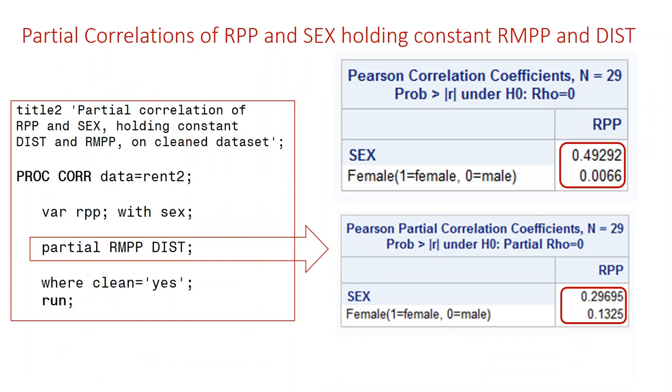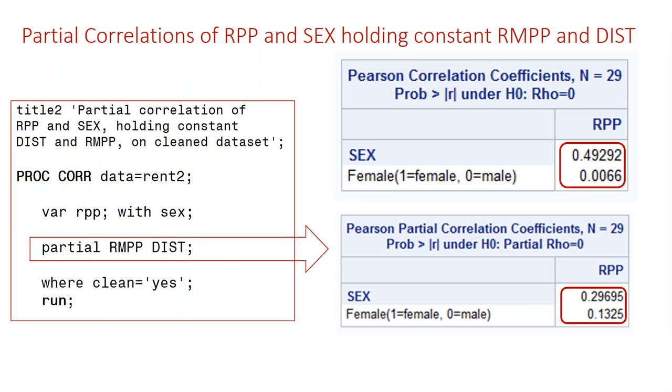But one of the things that we have to realize is that the confounding variables of distance and rooms per person may make a lot of difference. So we want to look not at zero order correlation, which is just a pairwise association, but at partial correlations, that is a pairwise association between rent per person and sex holding constant rooms per person and distance.